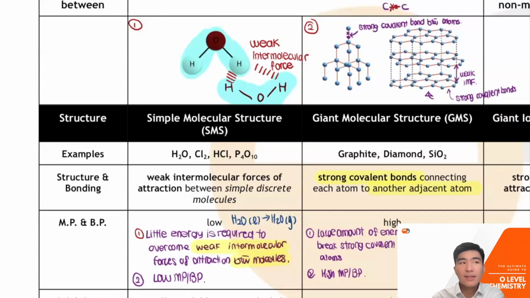Okay, if you need to write down something, please write down. Now, you will notice at the bottom, I wrote there, electrical conductivity, except for graphite. Graphite is a conductor. Why is graphite a conductor? Does anybody know why graphite is a conductor? Can you type inside the chat?